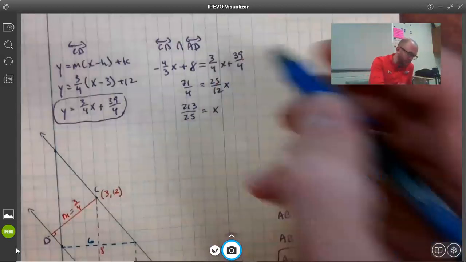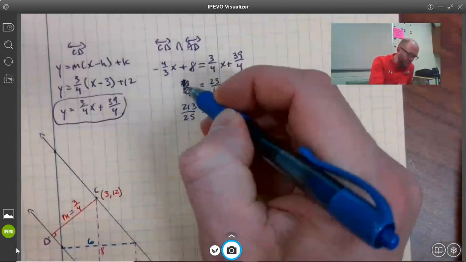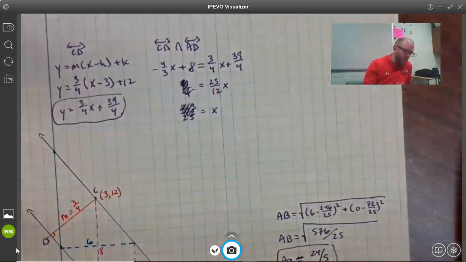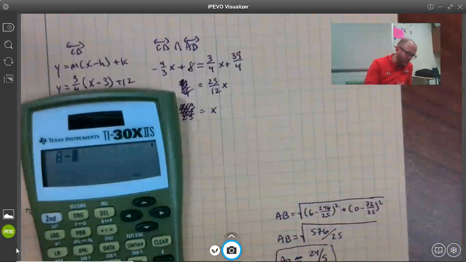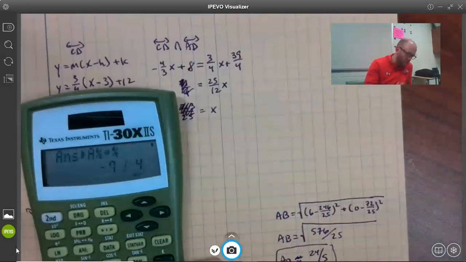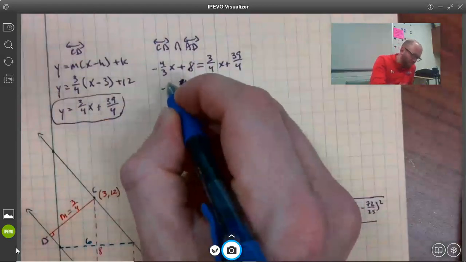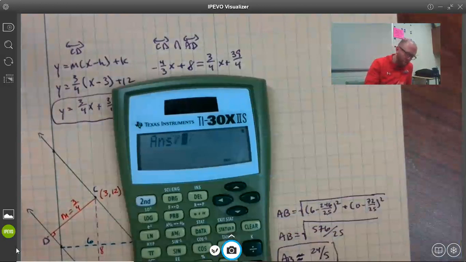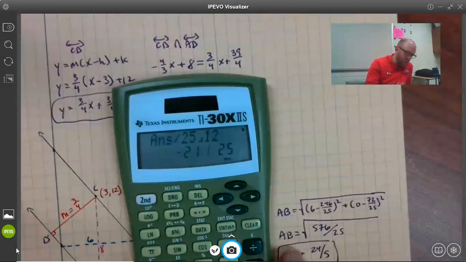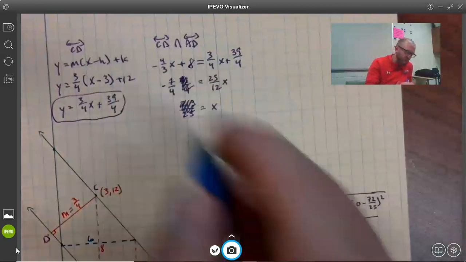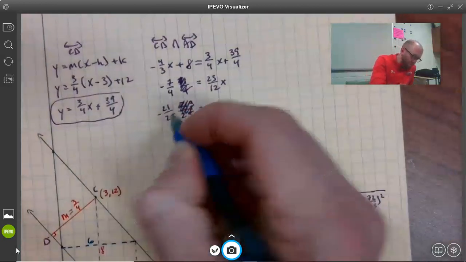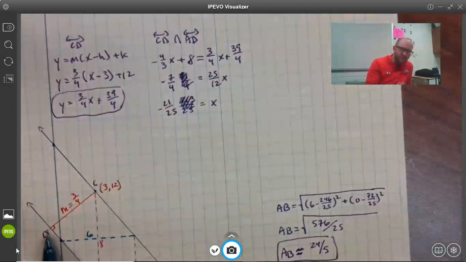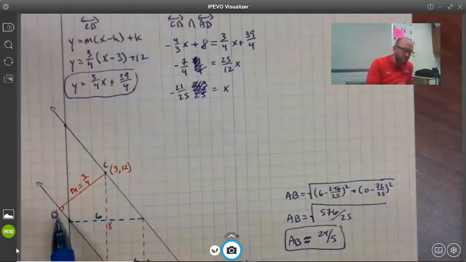Which means that we have 8 minus 39/4, which is negative 7/4, which we divide by 25/12, and get negative 21/25, which looks about right. You see there's point D right there, which is a little bit less than 1.